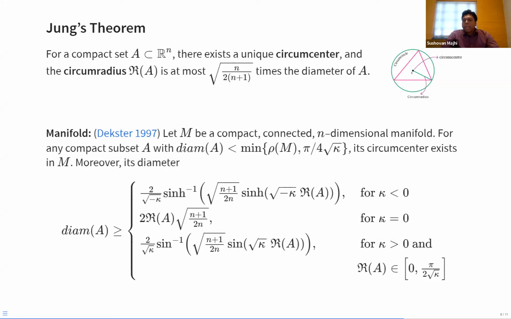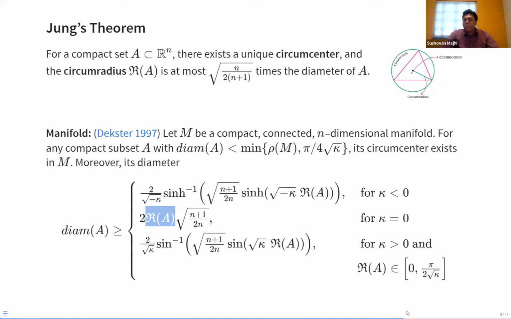But if k is 0, as in the flat case, for flat tori, Euclidean spaces and so on, you can go back to the classical Jung's theorem. As you can see on the right, we have the circumradius, and it's strictly smaller than the diameter of A, as we saw in the classical case.